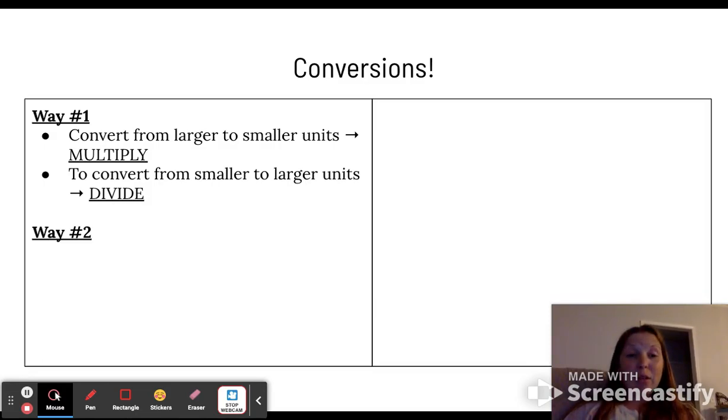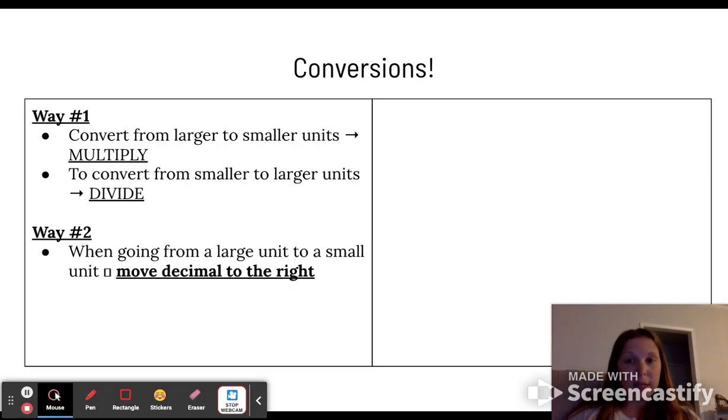An easier way to do this, not that this is very difficult, but the way I tend to show my students, is moving the decimal. When you go from a large unit to a small unit, and this little square here should be an arrow, sorry, you will move the decimal to the right however many prefixes you move. If you move 3 prefixes, you move the decimal 3 places to the right.